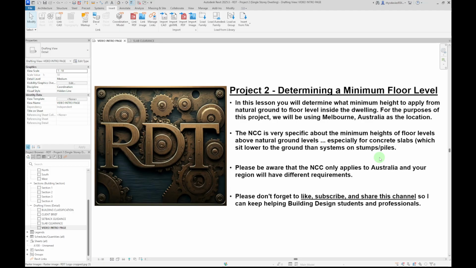Be aware that the NCC does only apply to Australia. Your region will have different requirements, but the science behind it will be similar. Physics doesn't change, hydraulic engineering doesn't change. The local conditions of your area will determine how you design.